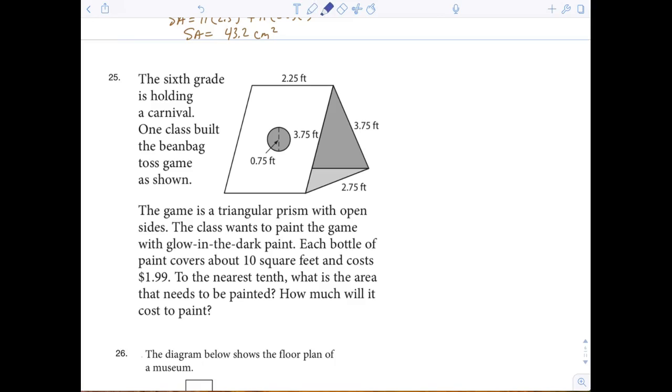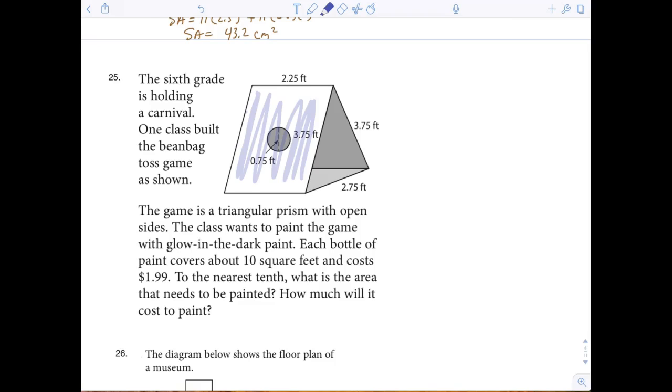What I want you to see, do I have to paint this right here? No. And I don't have to paint the other side over here, agreed? No, we're not painting the inside. That's actually a good question, though. What are the only two things we have to paint? This front wall here, does everybody agree? And I would say the back wall too.